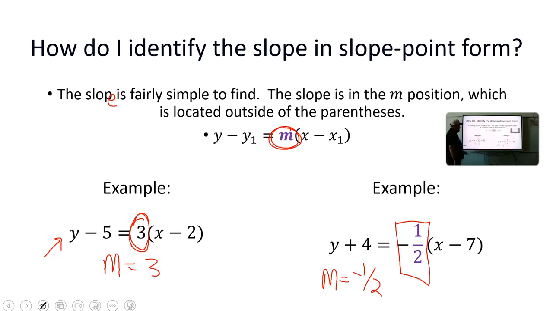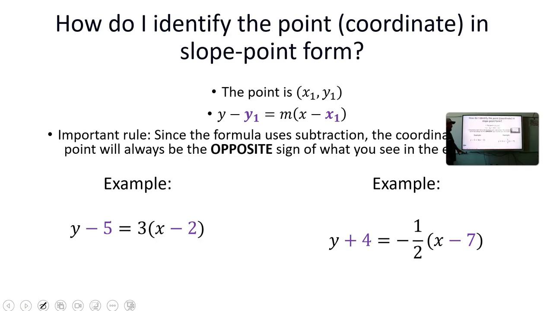Now let's take a look at what the points would be of these lines. Remember the point is going to be whatever your y1 is and your x1 is. So in this first case, notice we have a y minus 5 and an x minus 2. So this number right here is in the x1 position.